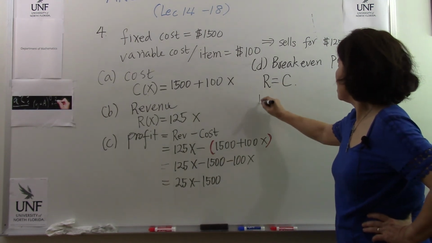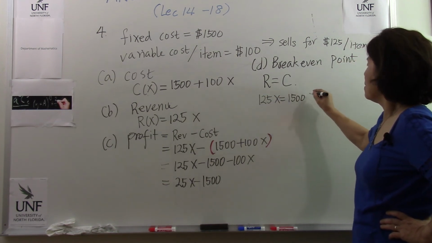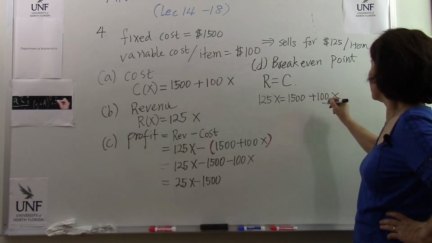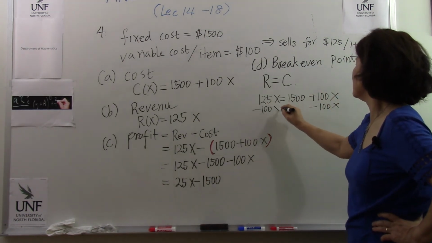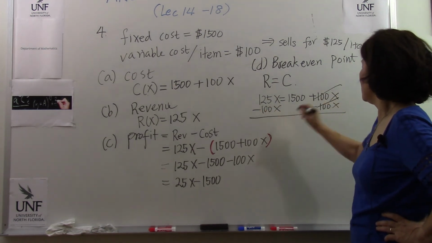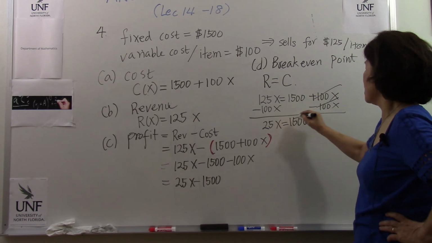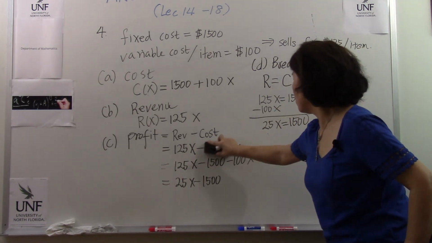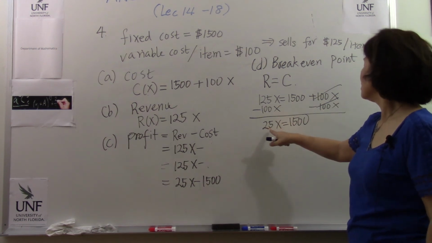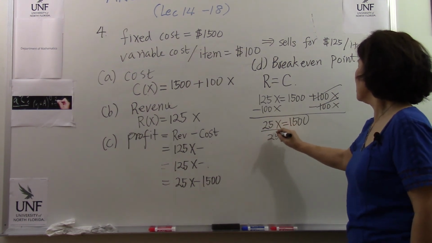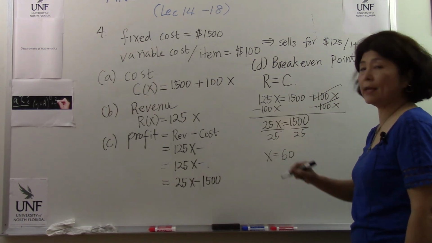So revenue is 125x equals 1500 plus 100x. So subtract 100x from both sides. Make it 25x equals 1500. Now we are going to divide both sides by positive 25. So that makes x equals 60.